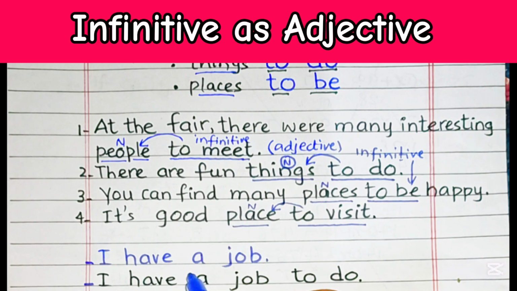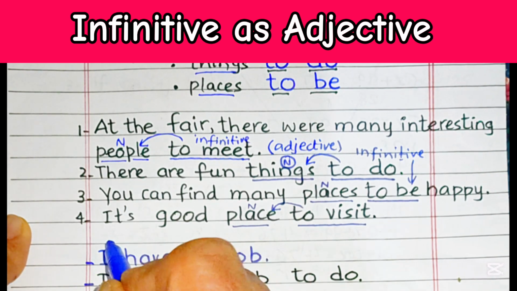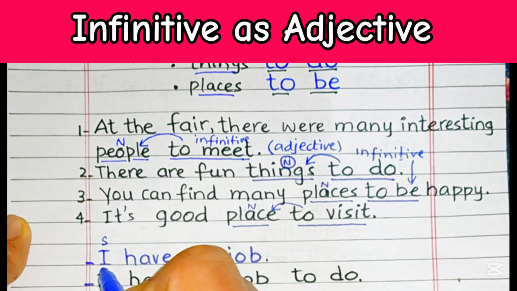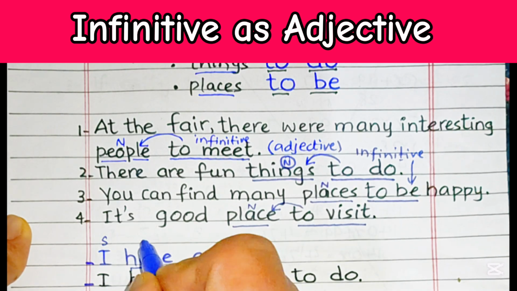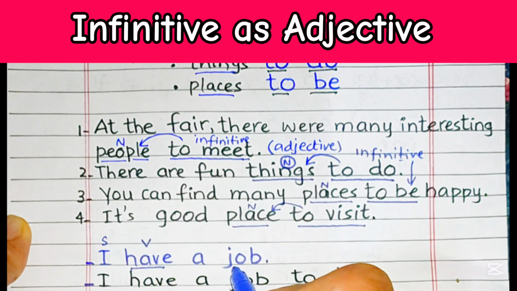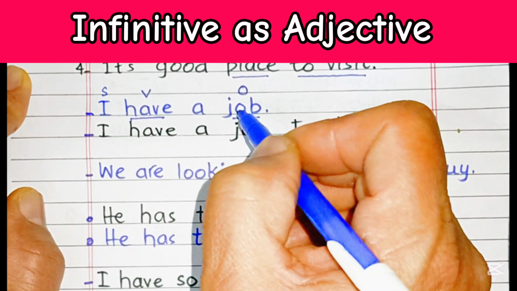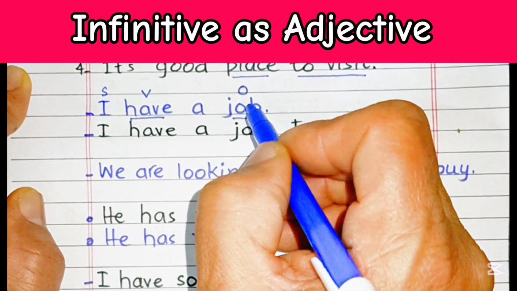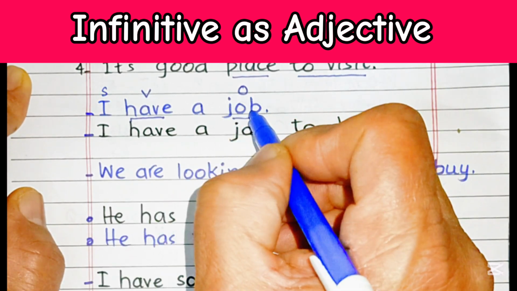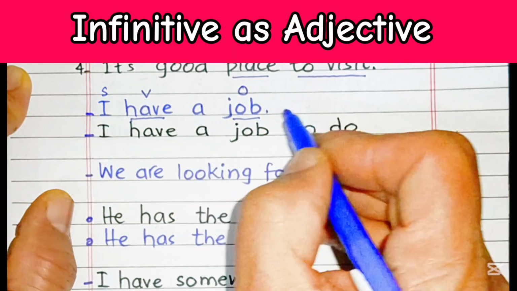I have a job. In this sentence, this is the subject, I. This is the verb, have. And this is the object, that is job. It's possible to add to this an infinitive. I have a job to do.